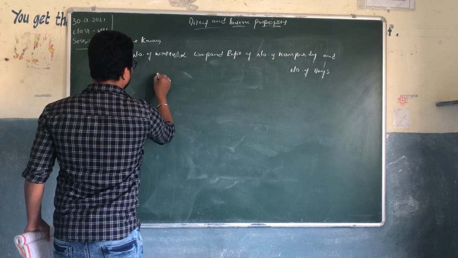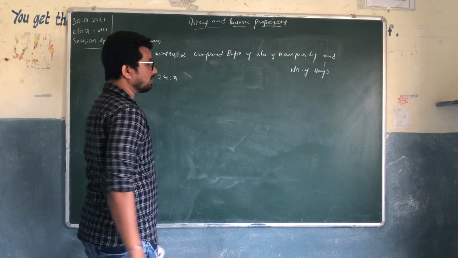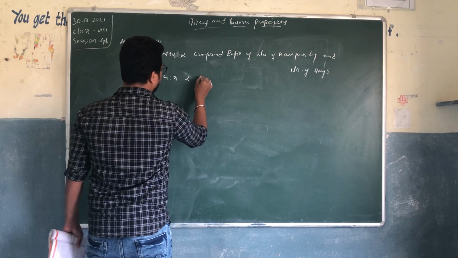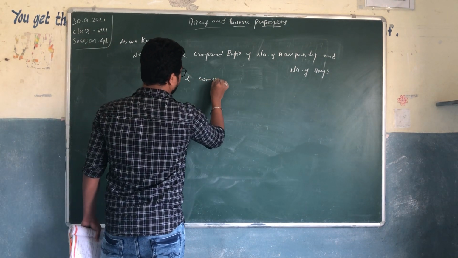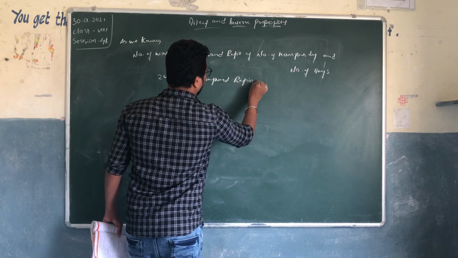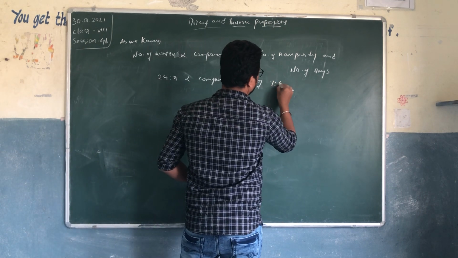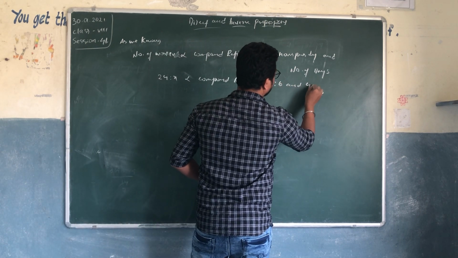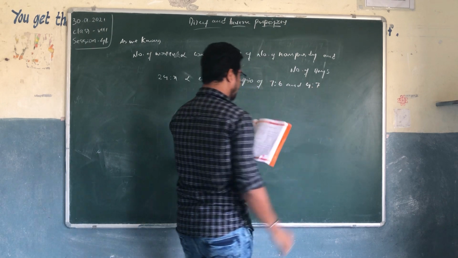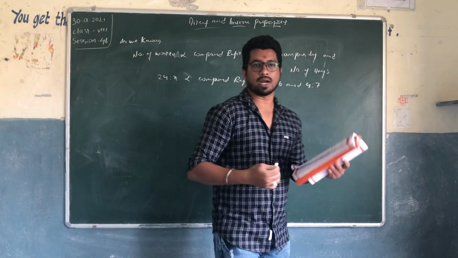Now number of workers is, we said 24 is to x. We said 24 is to x is directly proportional to the compound ratio of 7 is to 6 and 4 is to 7. Okay, with what we changed, that we need to write down here.